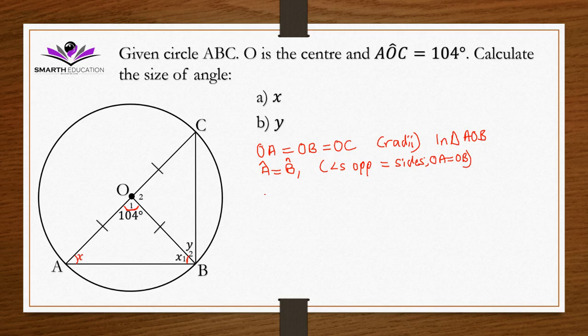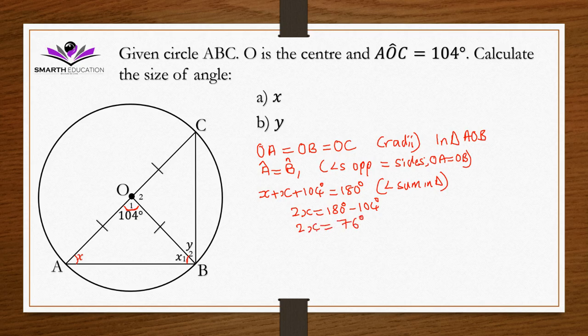So we can say x plus 104 degrees is equal to 180 degrees, since it is the angle sum in a triangle, right? And then we can say 2x is equal to 180 degrees minus 104 degrees, and then we get 2x is equal to 76 degrees.